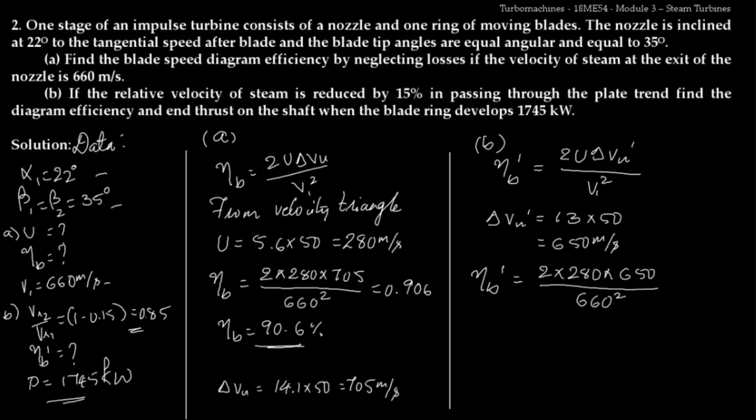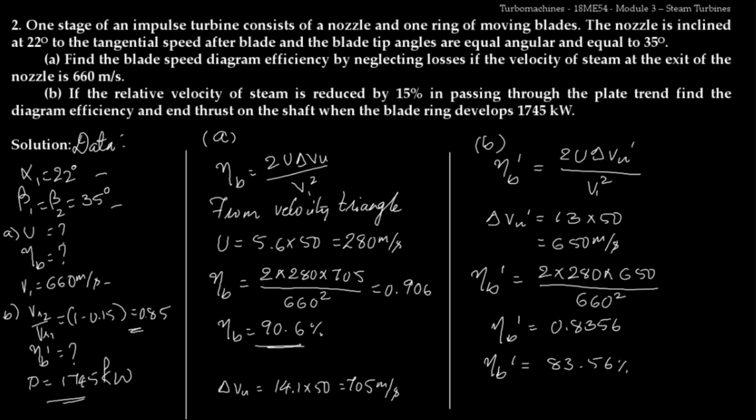So now this ratio, that is eta B dash, is around 0.8356, or eta B dash is 83.56%. Now the efficiency has also reduced. So this is the actual case where the efficiency matters, because here we are considering the losses.